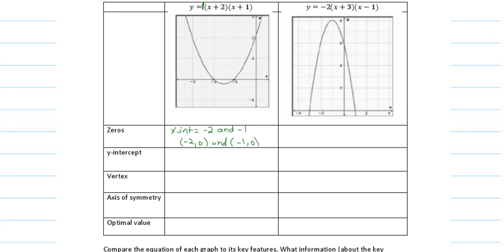All right, now can you see where the y-intercept is? It's almost, yeah, we're going to say it's (0, 2). Another way that you can write it, you can say y-intercept equals 2. So you have a choice of how you want to write it. Where's your vertex here?